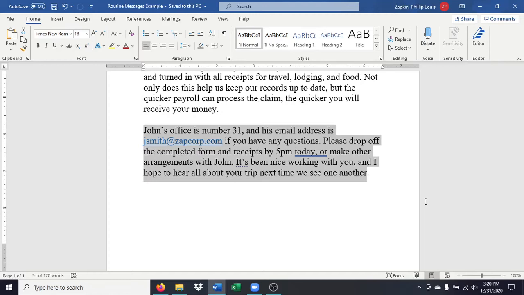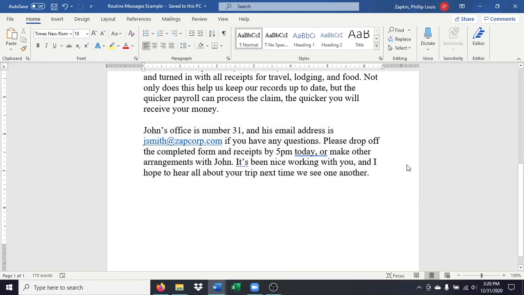The second is that you want to include contact information, either for yourself or for the person that this reader actually needs to be in contact with to comply with the message. And then lastly, you want some sort of gesture where you thank the reader or something personal to wrap up.